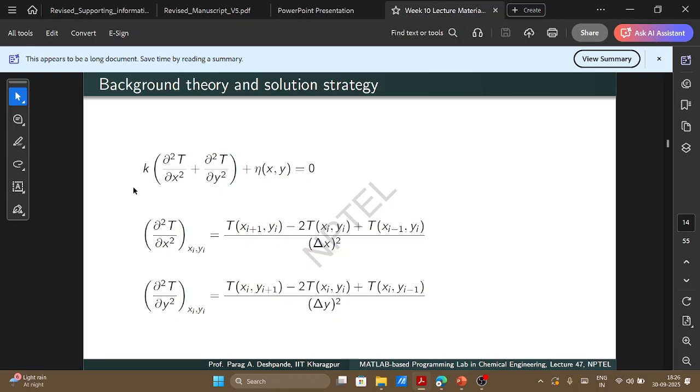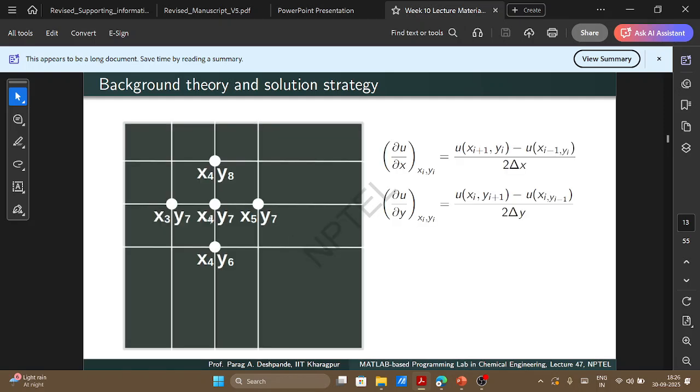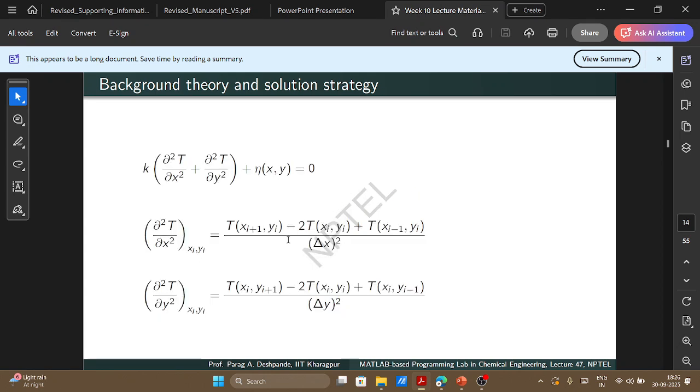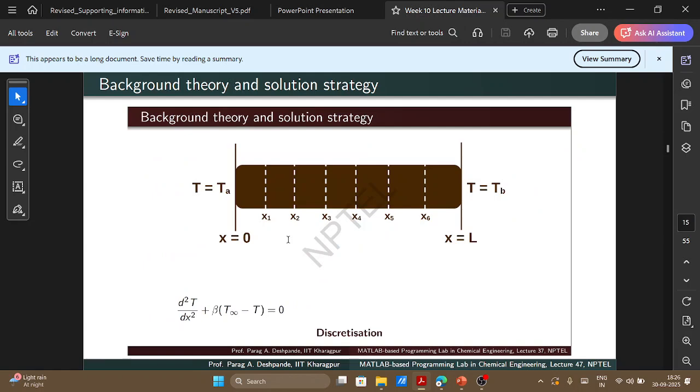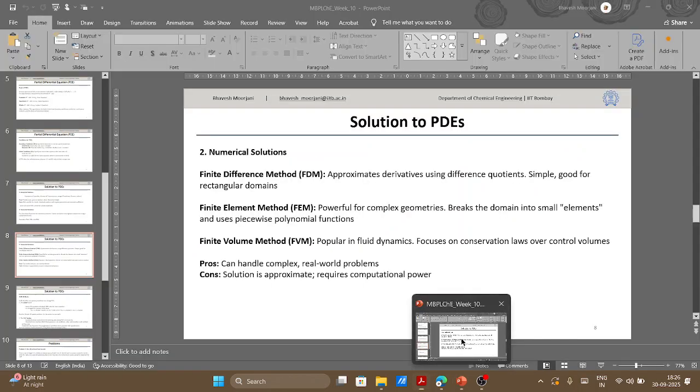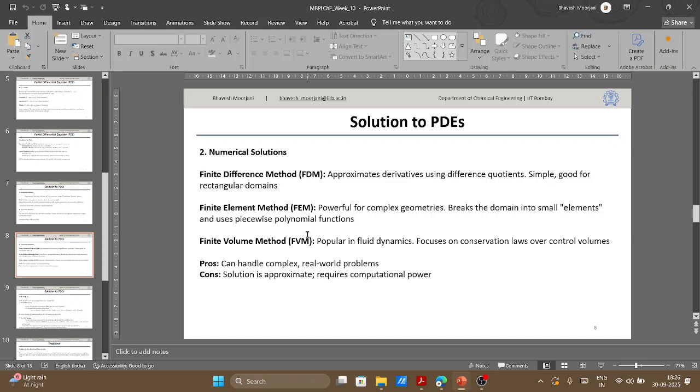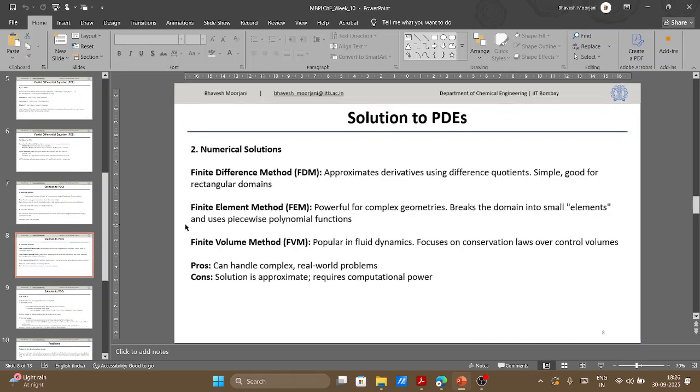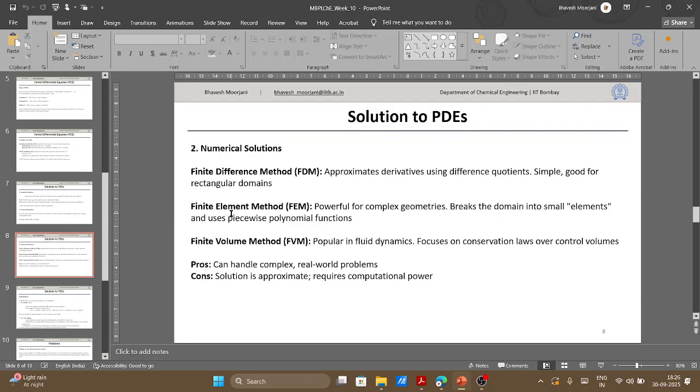Then this primary equation becomes a function of some unknown variables, right? Then you have multiple such equations ready, and you just solve them simultaneously, and then you will get the solution, right? So that is the core idea behind the finite difference method.